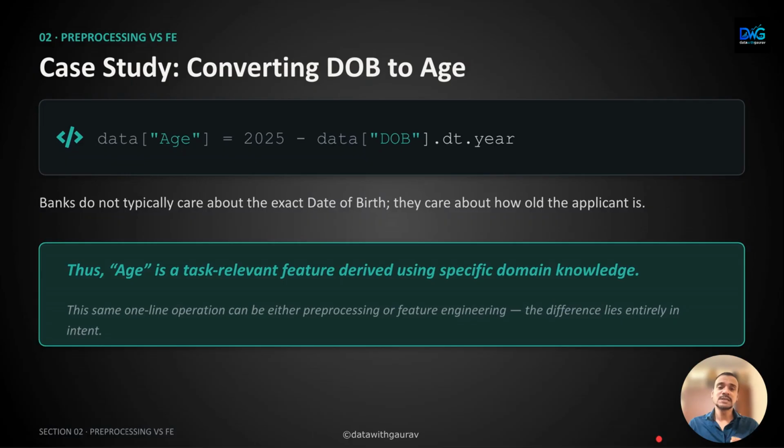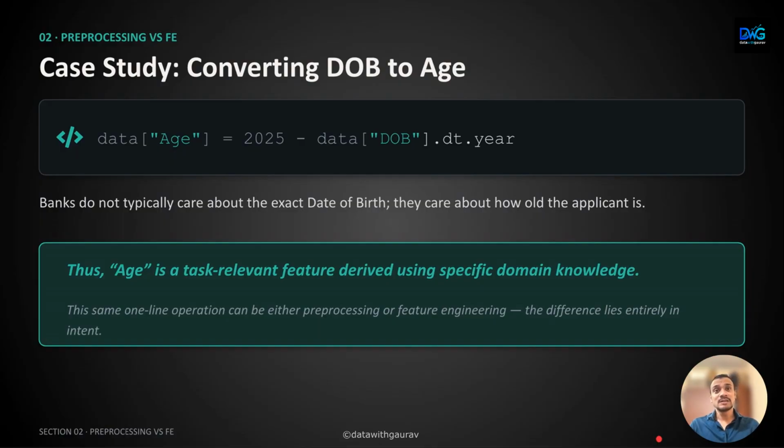Imagine you are building a machine learning model for a bank to predict whether a loan application should be approved or not. And one of the columns in your dataset is obviously the applicant's date of birth. Now you ask yourself, does the bank really care about the exact date someone was born? Not really, right?